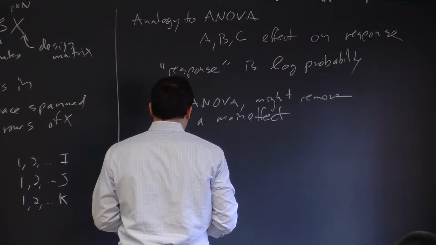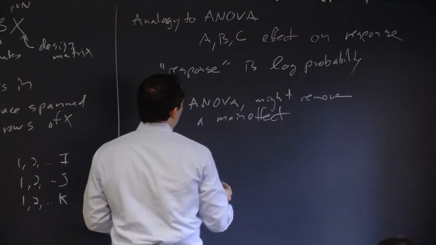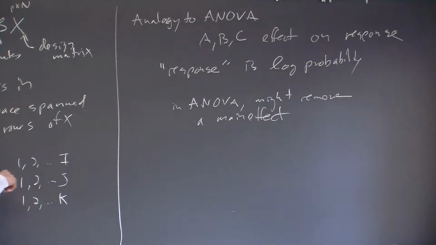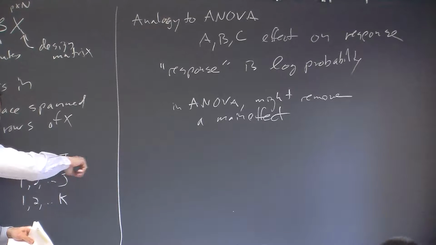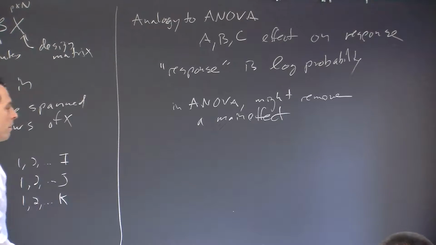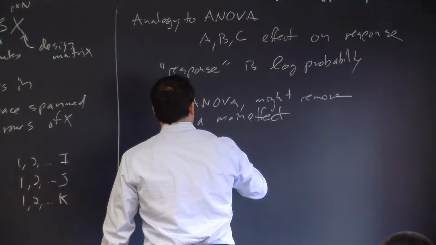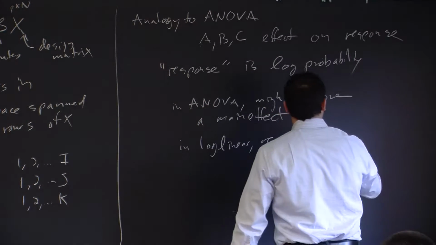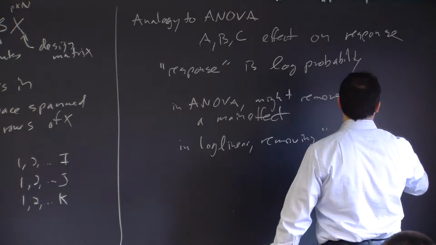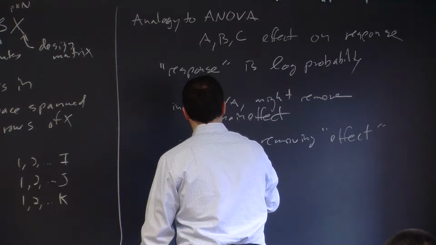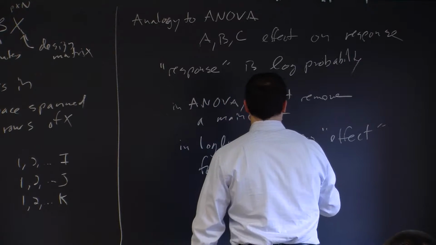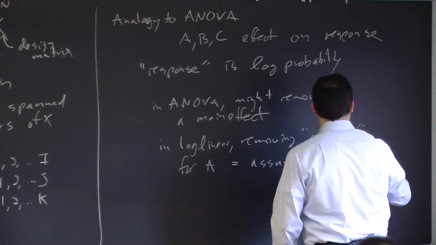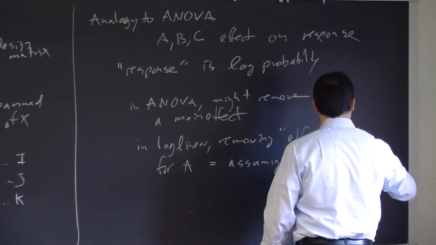But for a log linear model, we don't want to do that, because removing the parameter that corresponds to the effect for A is like assuming that there's a uniform distribution over all of these outcomes for A. The parameters for A would be assuming a uniform marginal for A. Silly.